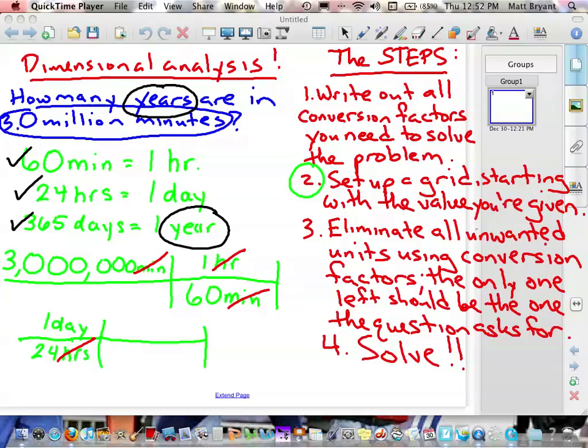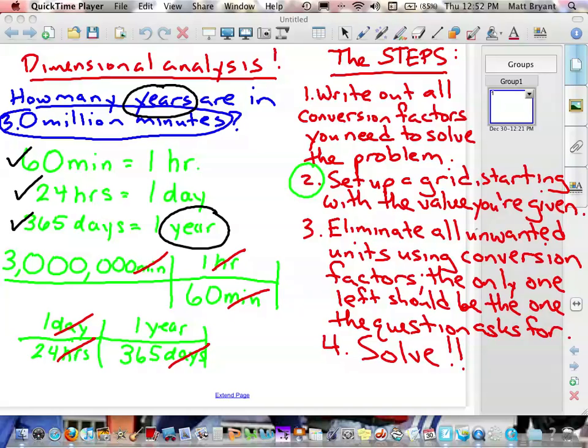So our last conversion would be 365 days on the bottom because we have days on the top. And we're going to put our 1 year on the top of the fraction. All right, and if we cancel out days, we've eliminated all the unwanted units, which were minutes, hours, and days, and we're left with the one we're looking for in the question, which is years.